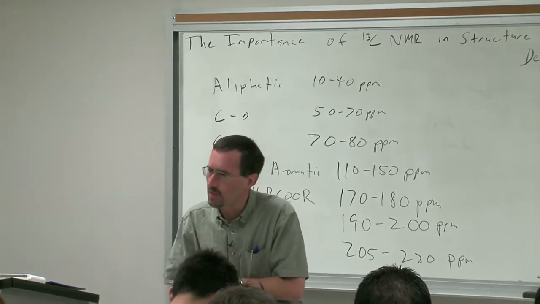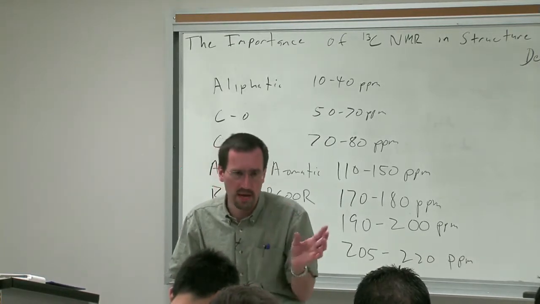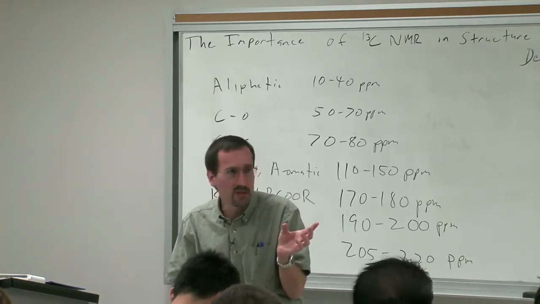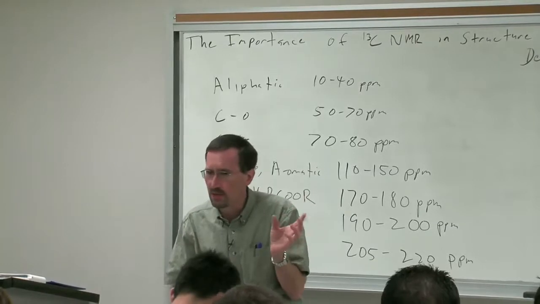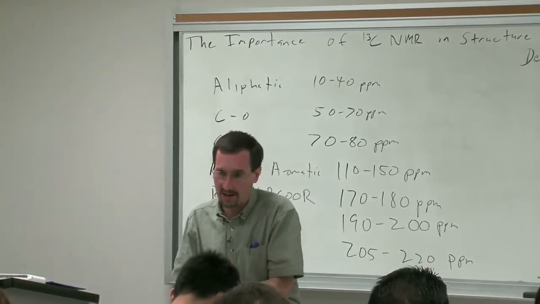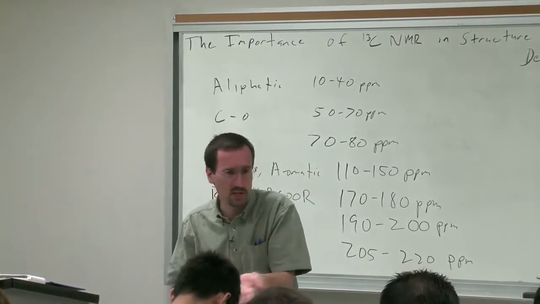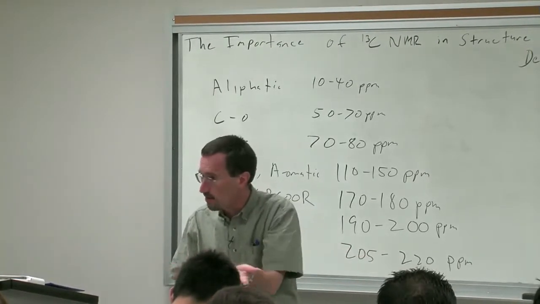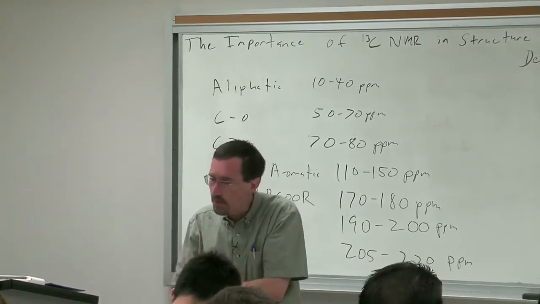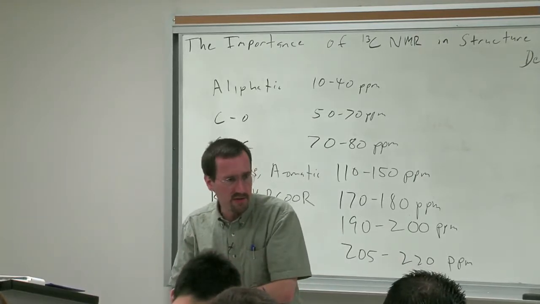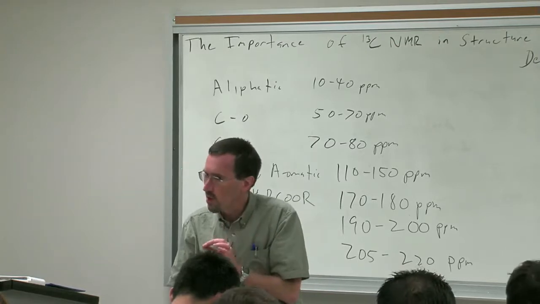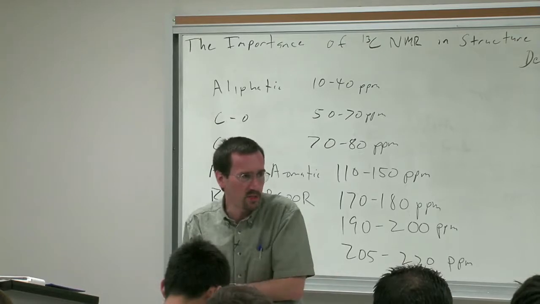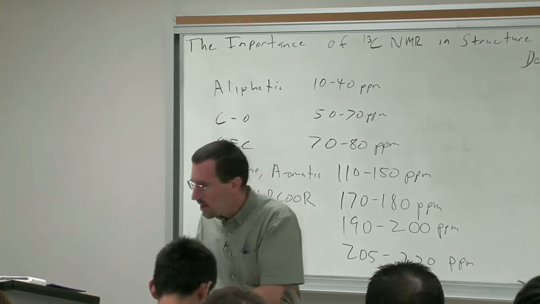We talked about alpha substituents having a really big effect: being next to a halogen, nitrogen, or oxygen shifts you down a couple of ppm. We talked about beta effects, and said they're smaller, shifting you down by about 0.2 to 0.5 ppm.